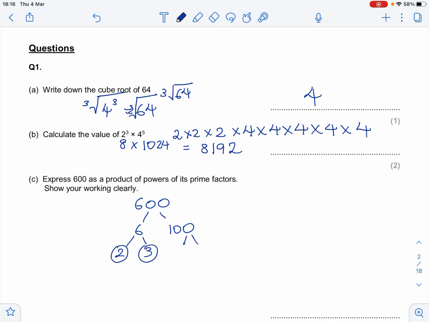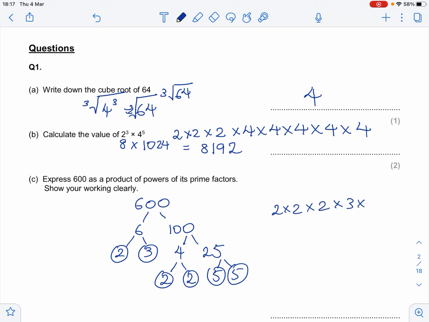Then I'm going to pick 4 and 25, and this goes to 2 and 2, and this goes to 5 and 5. So those are my prime numbers. So I have 2 times 2 times 2 times 3 times 5 times 5 giving me 600.